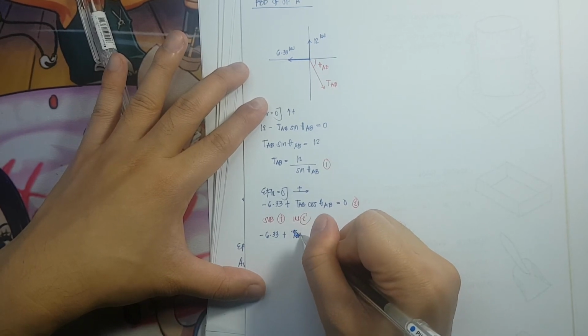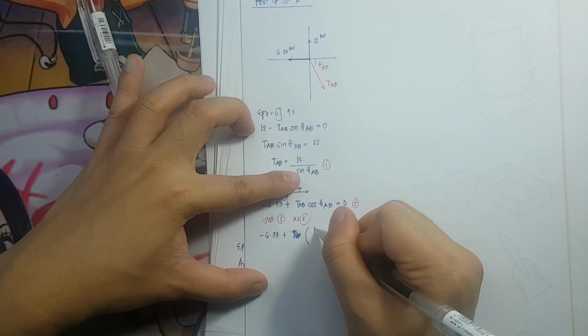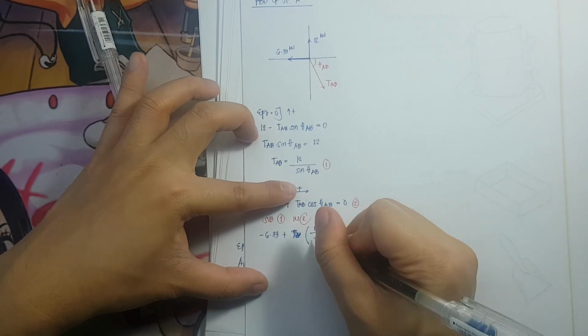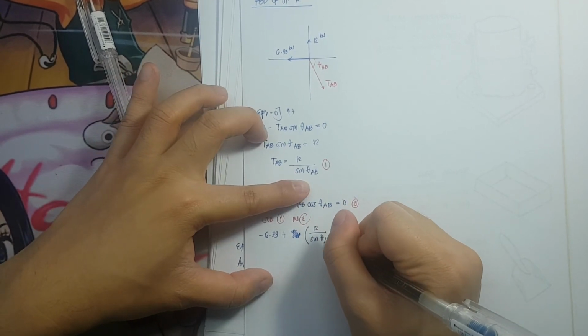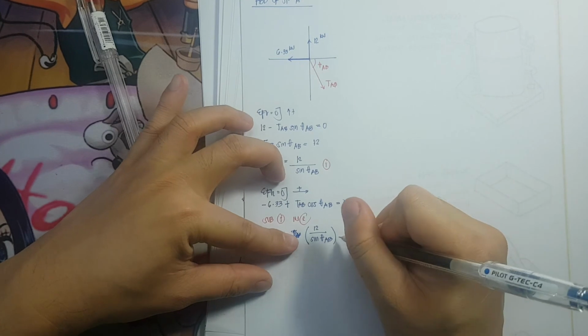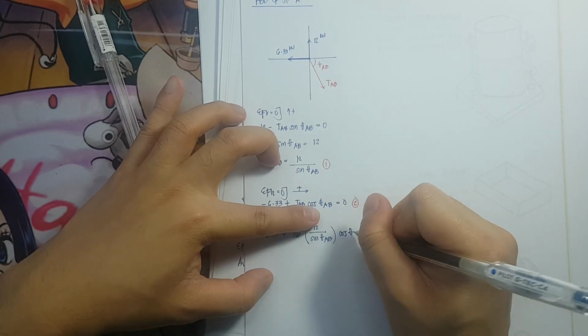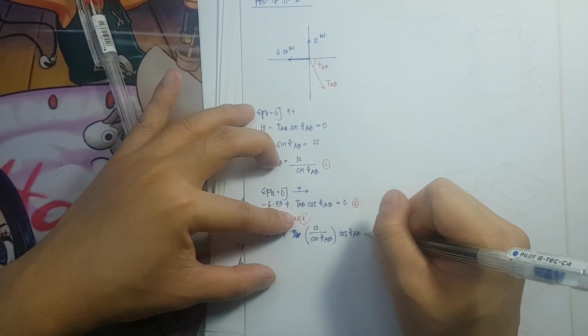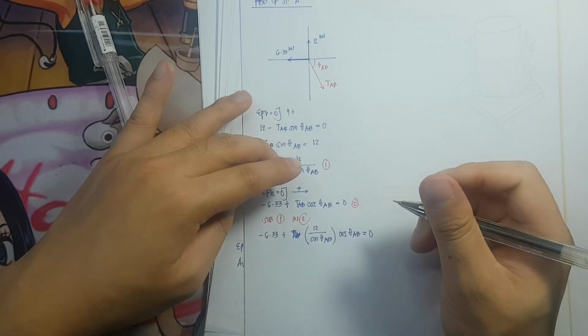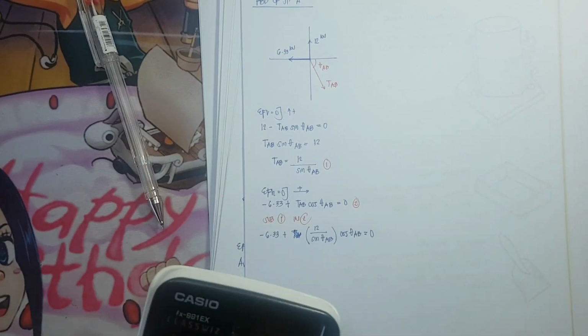What is TAB? TAB is 12 over sine theta AB, times cosine theta AB is equivalent to 0. So input that in your calculator.